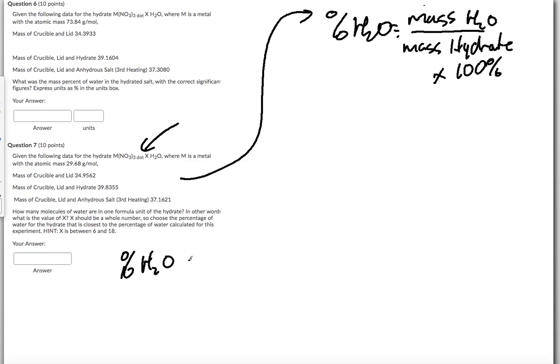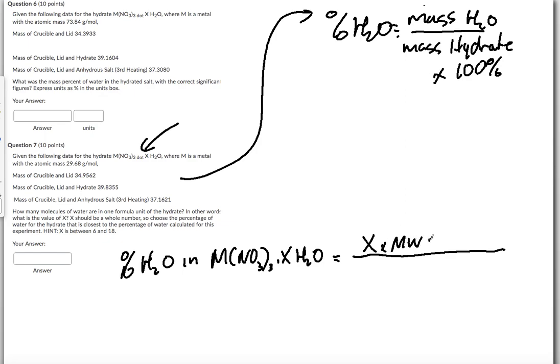So this is the percentage of H2O in MnO3·x H2O, and this can be done for any hydrate where the value of x is known. It would be done like this. It would be x times the MW of water. So it's the molecular weight of water, which you can get by taking 2 hydrogens and an oxygen and adding them together.